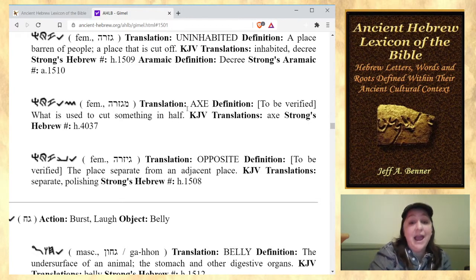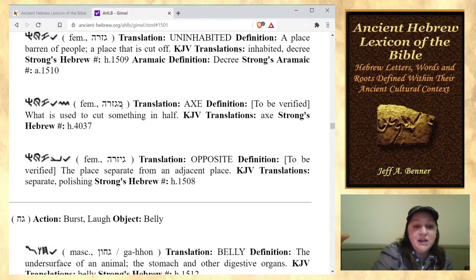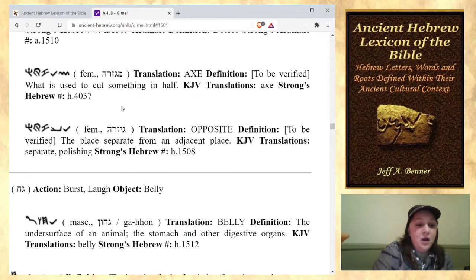It says X. And definition, it says it's to be verified. And it says what is used to cut something in half. It gives you also King James translations for this word, X. And then the Strong's number, which is H4037.